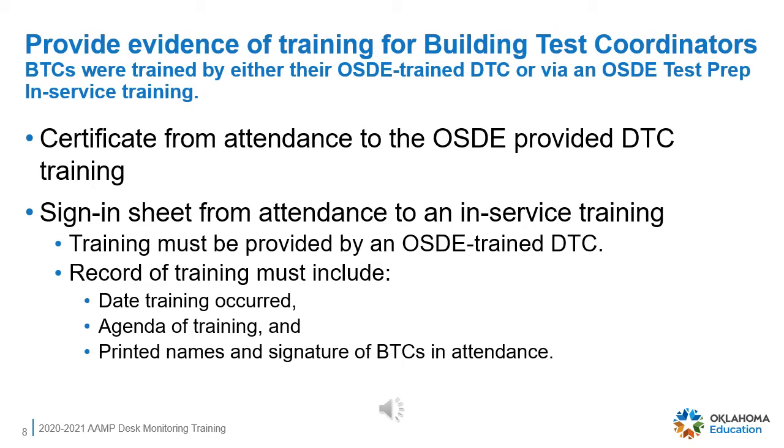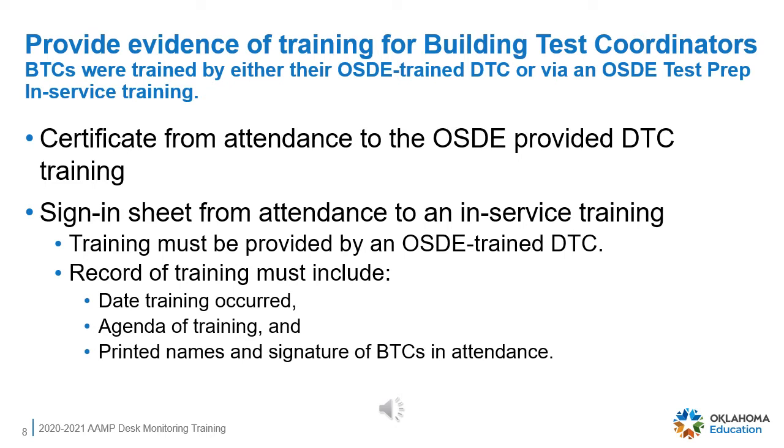BTCs may be trained one of 2 ways. They may either attend the OSDE provided DTC in-service training. If BTCs attend the OSDE DTC training, then all you will need to do is submit their training certificate as evidence. The other option is for your district's official DTC to train BTCs.